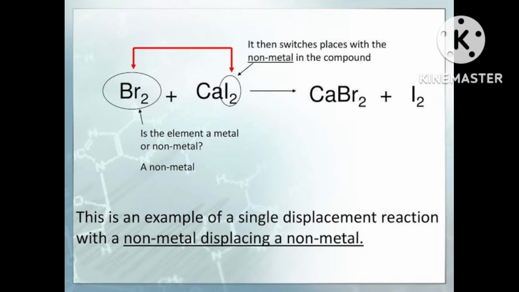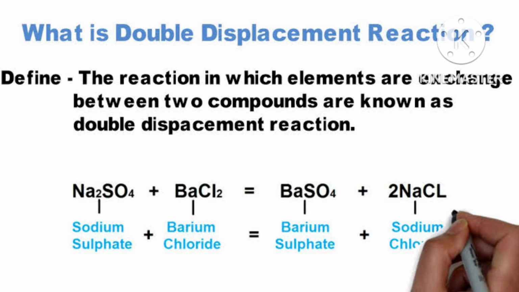Here X denotes the halogen element, whereas chemical means are available to oxidize chloride ion, bromide ion and iodide ion.